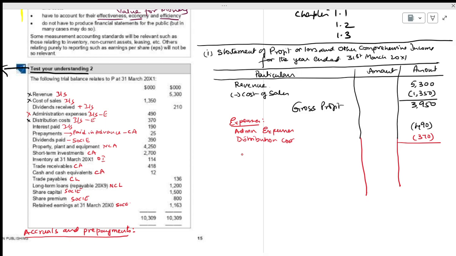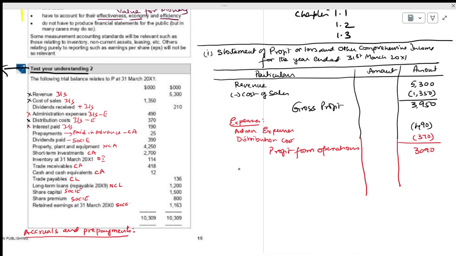How much will you get? 3,090. Profit from operations. Next, now you have to show interest paid.